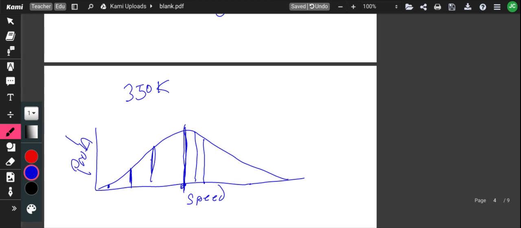Now, why are the velocities less or more? Well, imagine multiple molecules floating around. They're going to collide with each other. That's one of the reasons. And so some molecules are going to slow down, some are going to speed up. There's a probability there's a molecule that's not moving. There's a probability that there's a molecule moving so fast that it literally goes up and escapes our atmosphere.